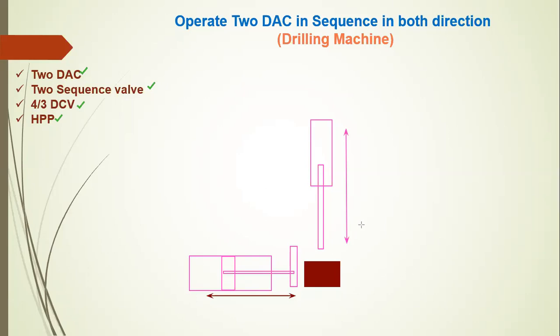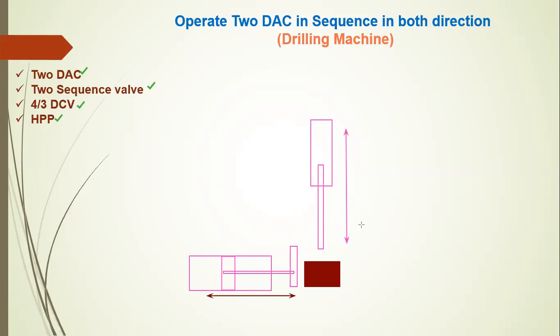Both DACs are required to operate in both directions: vertical up and down movement for drilling, and horizontal left and right movement to give the workpiece motion.